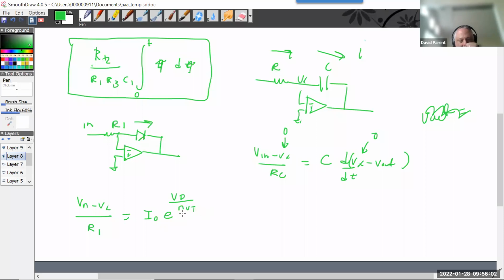And you'll find out what all that means in MADI 153 and EE 128. And then that VD would be Vx minus V out. Of course, now we know that that's 0. And ultimately you get V out equal to the negative of a log function.